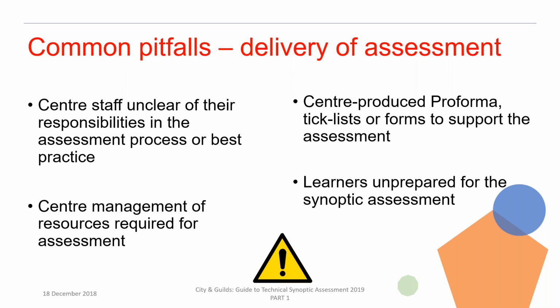This must be documented on the PO form to enable the moderator to take this into account when marking. On the other hand, if a learner who had lower level skills was given this animal, they may not be able to show their skills at all. So access to the right sort of animals, clients, machinery or equipment is the centre's responsibility, and it would make no sense for centres to allocate learners resources which were not suitable.